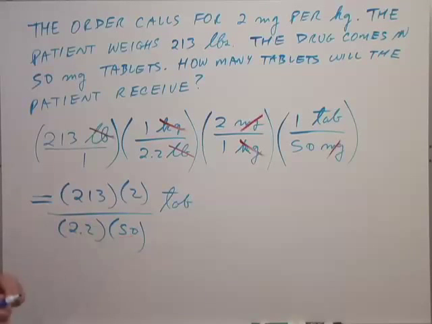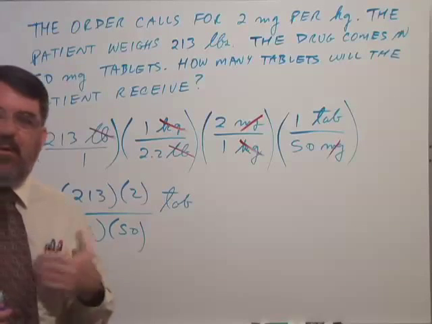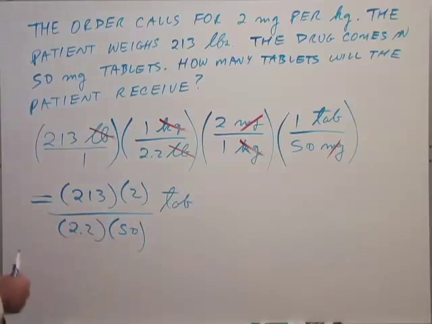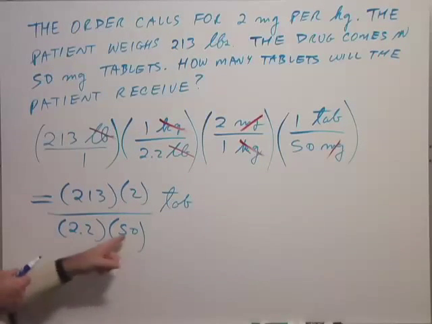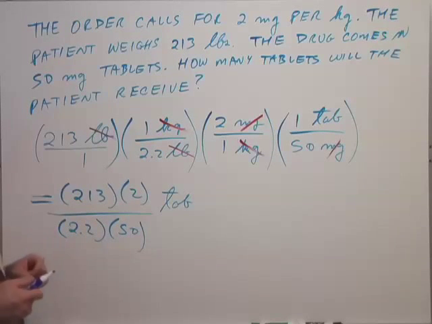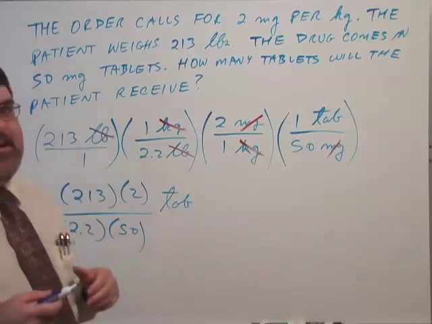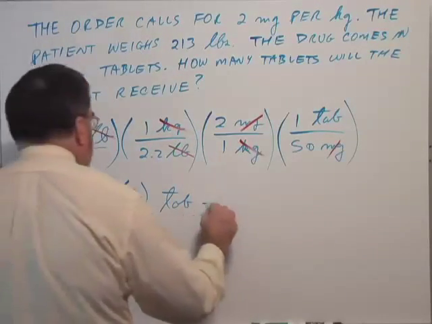But then we're going to have to divide by 50 also. Or we can multiply 50 times 1.1 and get 55. Divide by 55. So, there's a number of ways to do these problems. What I'm looking at is 50 times 2.2 is 110. And so dividing by 110 is almost like dividing by 11. So that's going to be my choice.